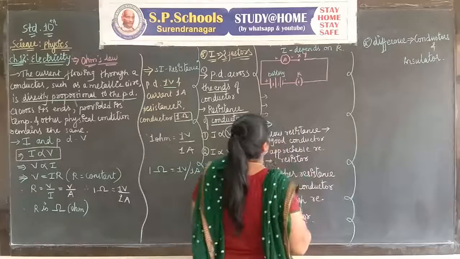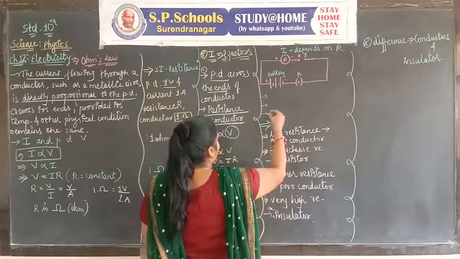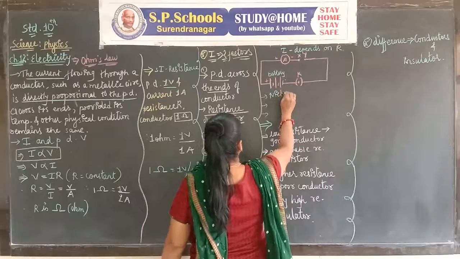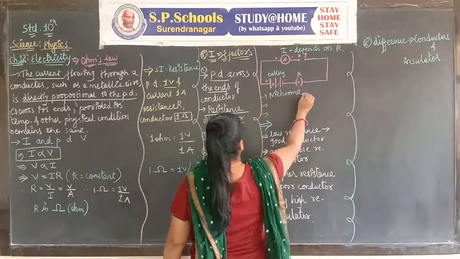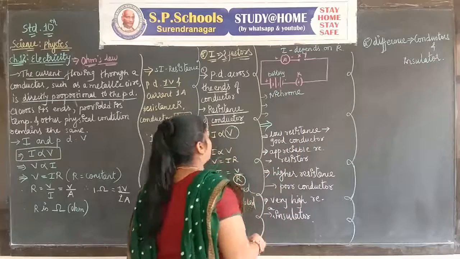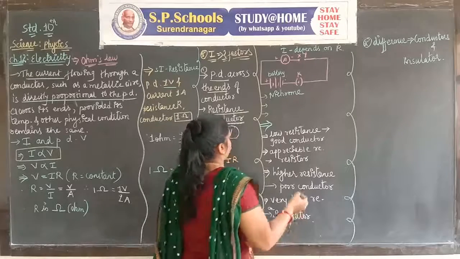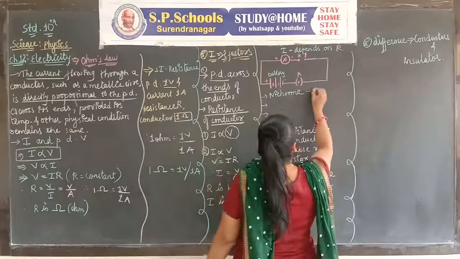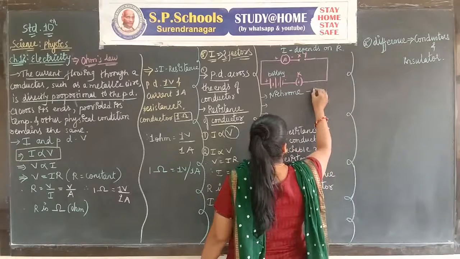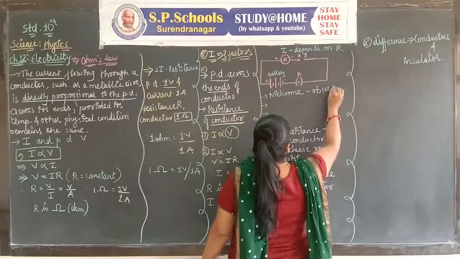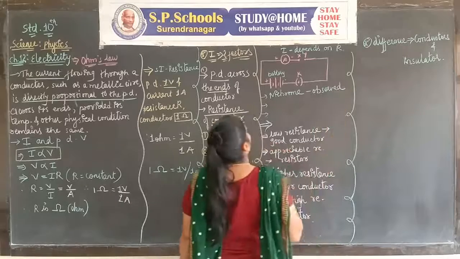What will we do? First we put a nichrome wire between the gap of X and Y and observe what will happen. Notice the value of the ammeter.